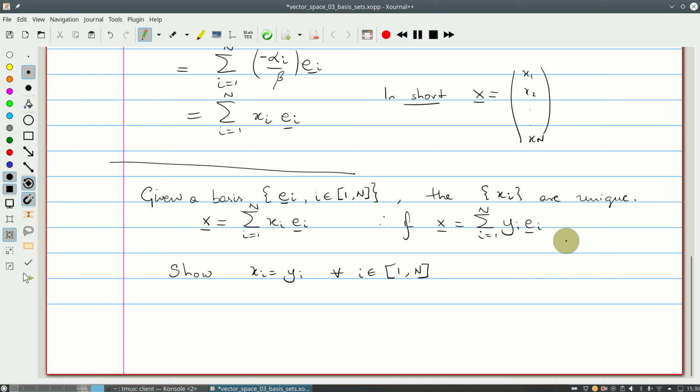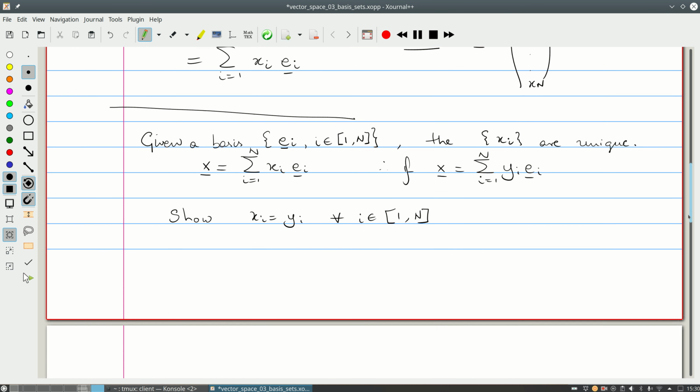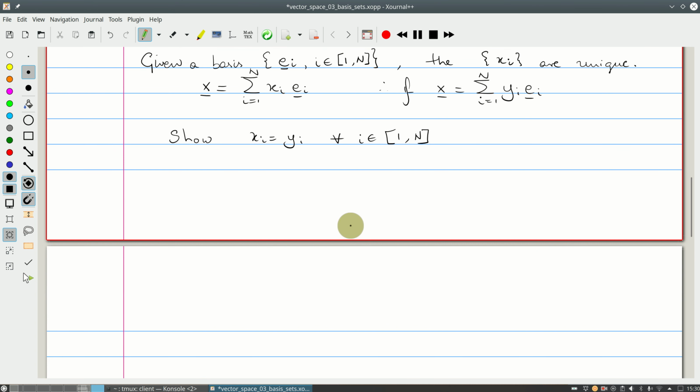How do we show this? Well, let's put another page here. To show this, all we need to do is to say, let these two exist.